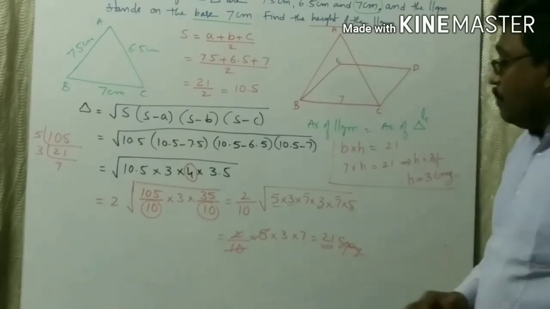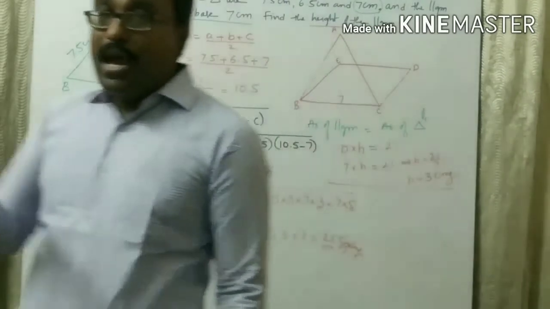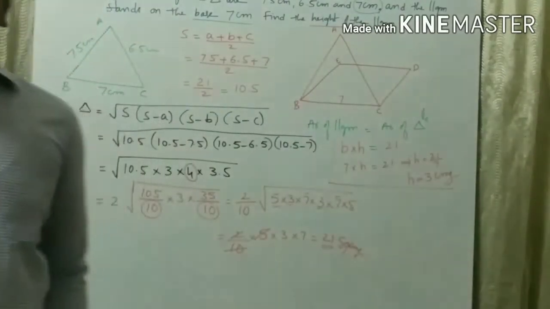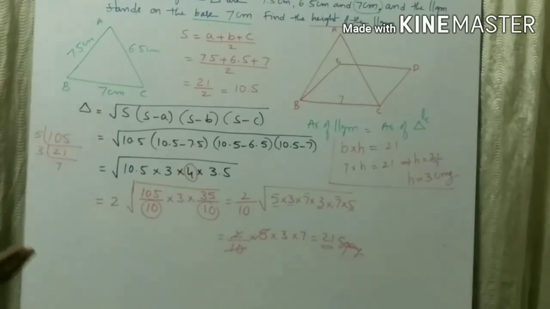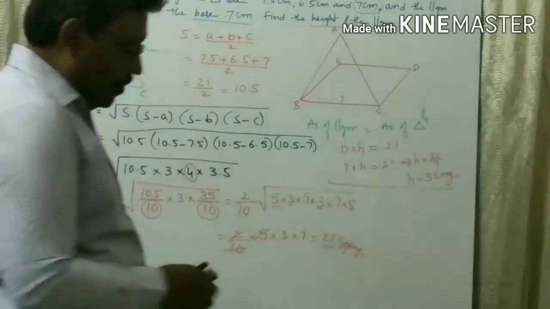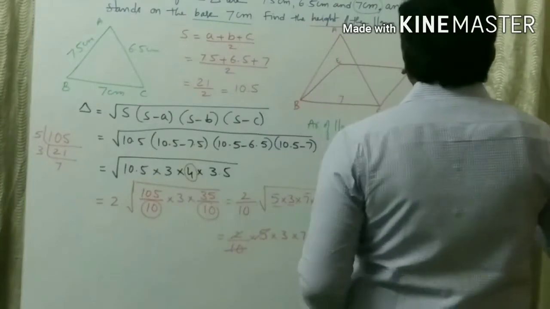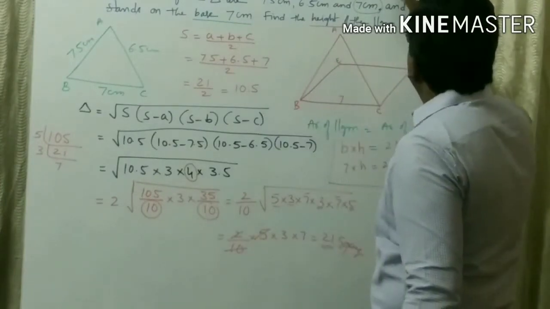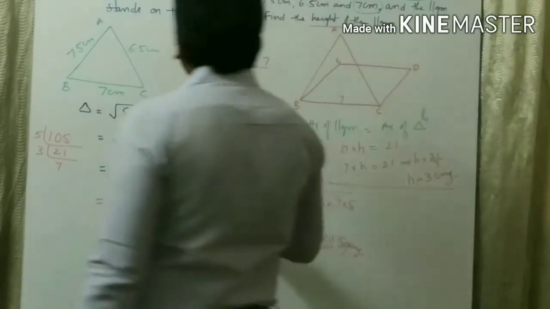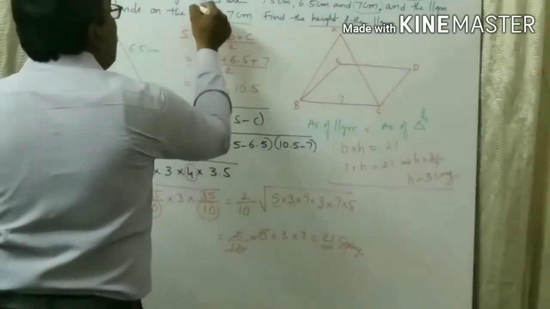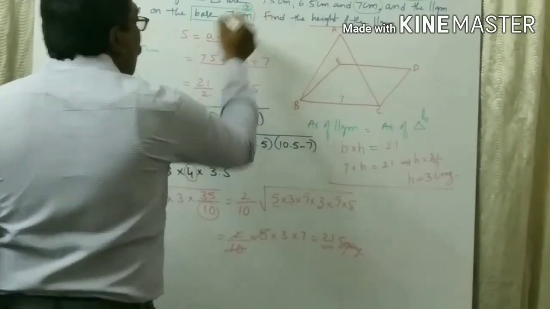So it is an application like a parallelogram and a triangle is inserted having same base. Here the general thing, that means what is the common thing here? There are two common things here. One is same area and the second one is the common base. Okay?